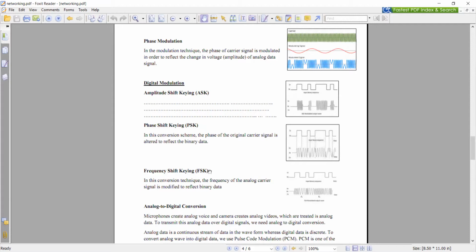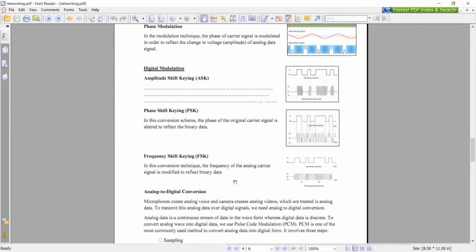There, in this conversion technique, the frequency of the analog carrier signal is modified to reflect the binary data. ඒකෙදි මොකද කරන්නේ? එහෙමනම් frequency එක change කරලා තමයි data එක හදාගන්නේ. ඒ analog signal එක generate වෙන්නේ according to the digital data.